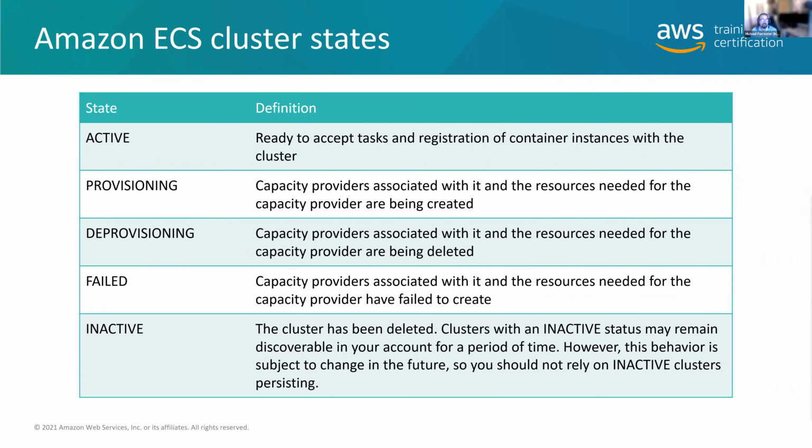It's actually going to show up for a period of time, and then it's going to go away. And then failed means that something went wrong. So remember, it starts in provisioning, goes to active, then it deprovisions, then it's inactive. If it fails, it just goes to a failed state.